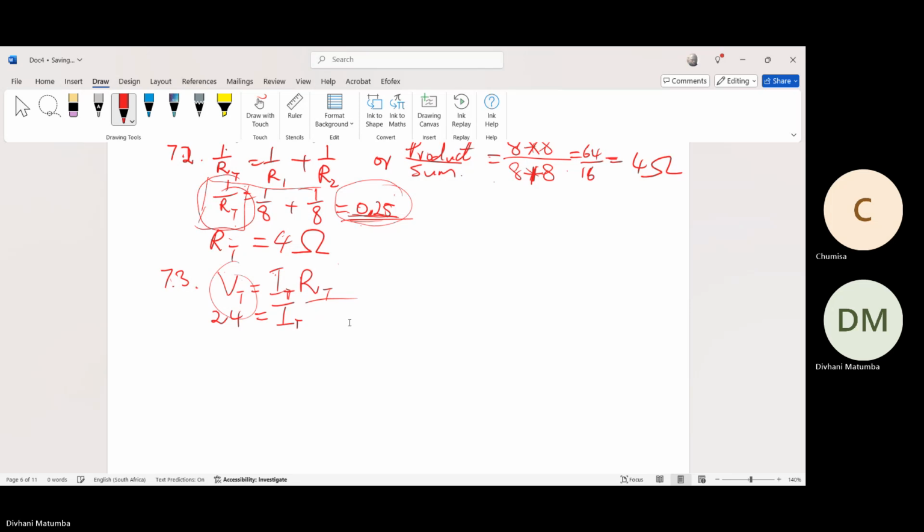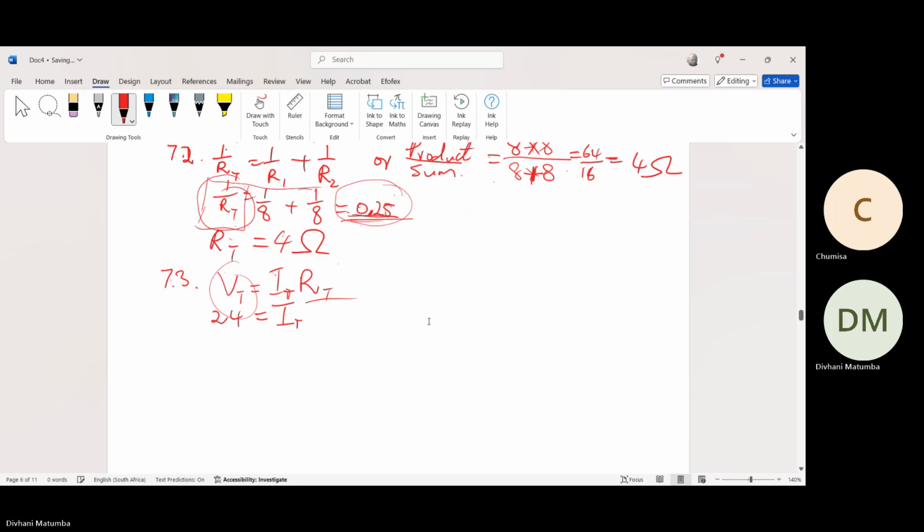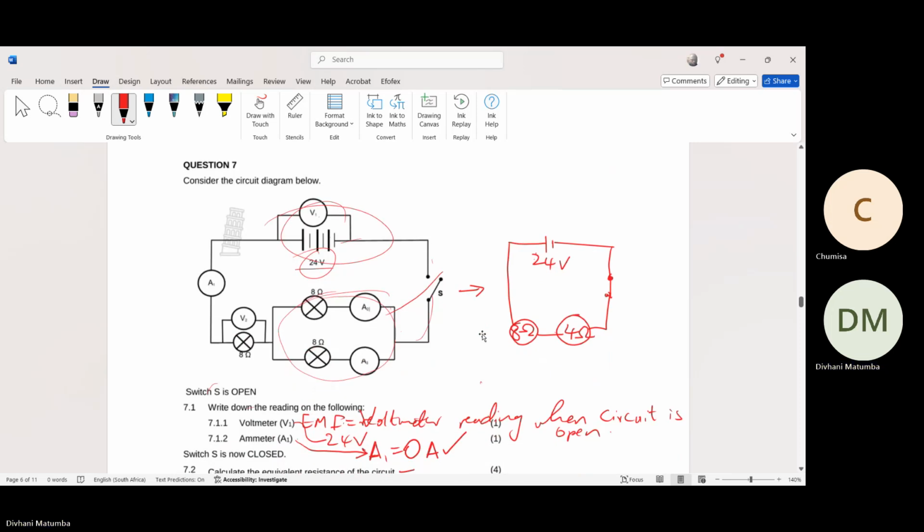What is the total resistance of the circuit?